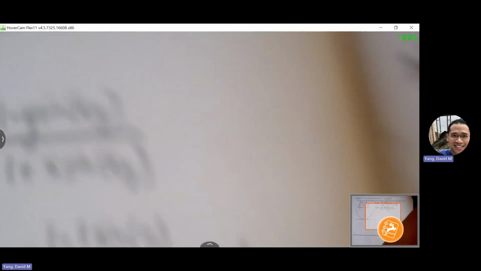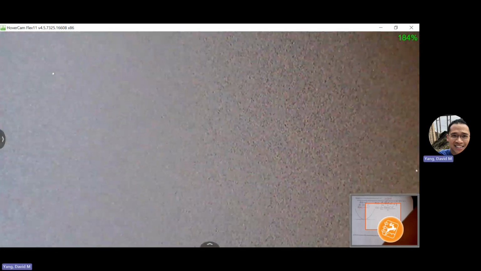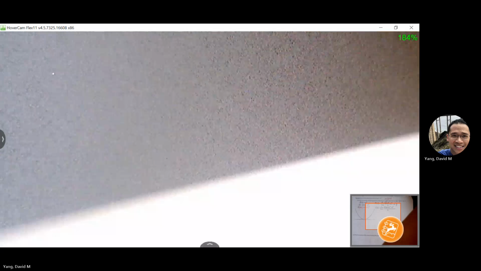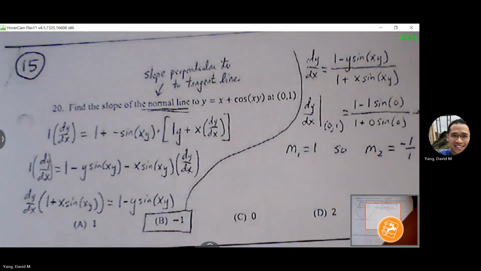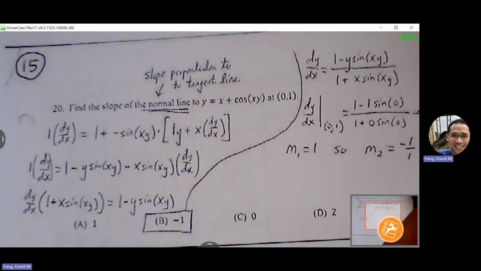Okay, final one I want you to try. Page 15, number 20. So first find the derivative. You're going to need chain, product, implicit.